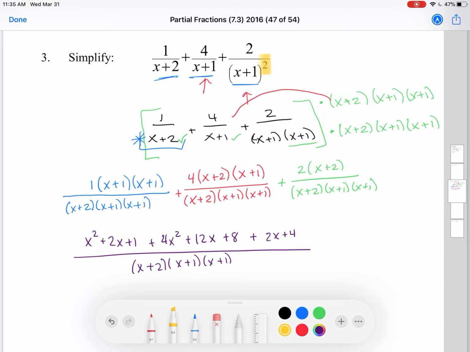And last but not least, looking up at the numerator, I need to just combine all my like terms. So I'm going to go ahead and highlight the specific like terms with each other. And then I can combine them all.